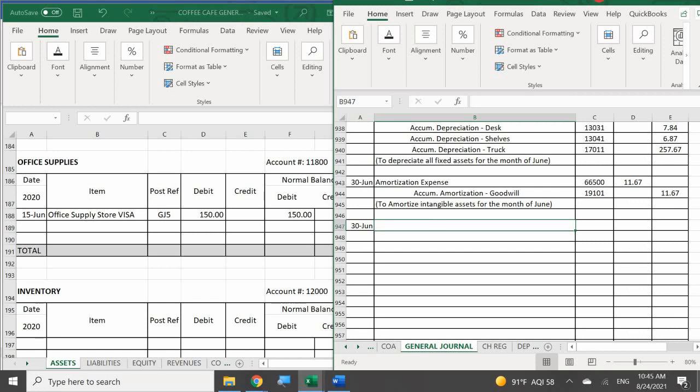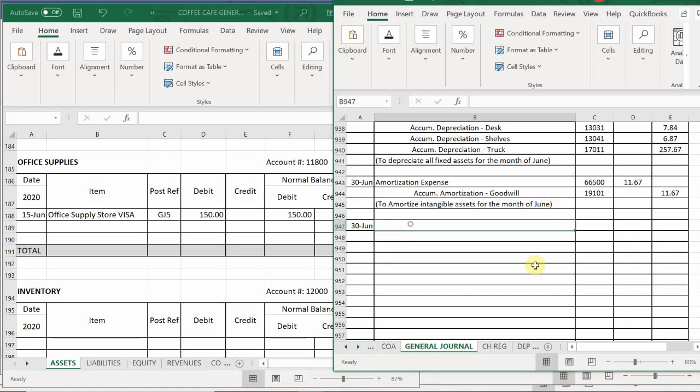So in this case, office supplies expense is going to represent you using the items. So office supplies expense, and of course, you're going to be crediting your office supplies because we need to represent in our books that we don't have 150, we only have 80 left.